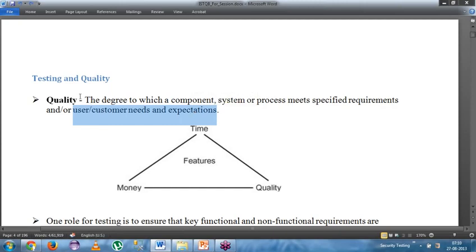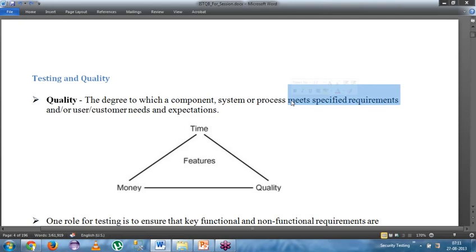Quality is nothing but the degree to which a component, system, or process meets specific requirements. It can be a complex component or a very simple system, but is it meeting the client requirements? We always go through the client requirements.